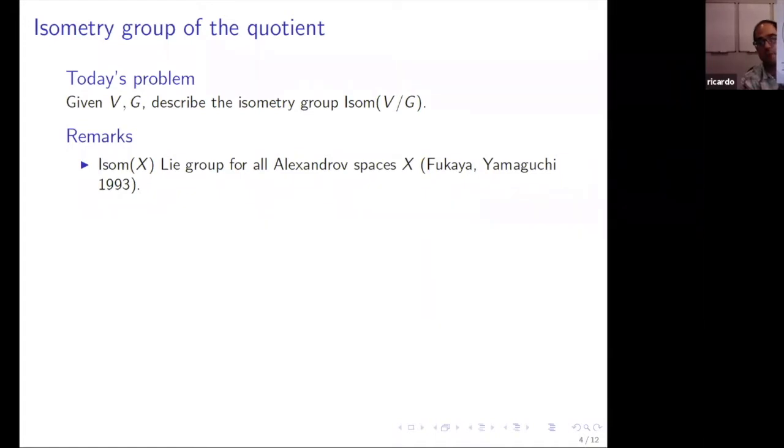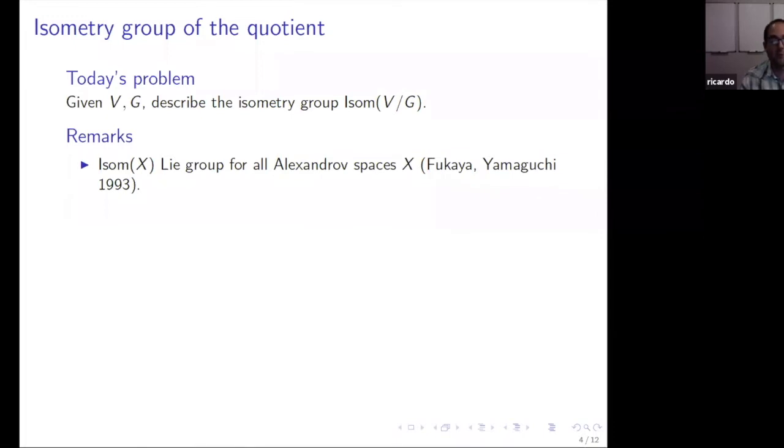It's actually (Z mod 2) to the infinity, and the natural topology, the compact-open topology, is the product topology. So this group is homeomorphic to the Cantor set. This is to show you that this is still a pretty reasonable looking metric space, but its isometry group is not a Lie group. But if you have an Alexandrov space, then you're good. So that's our situation.